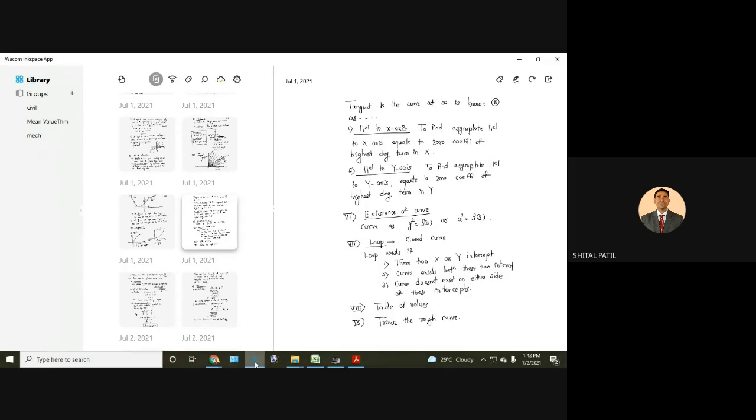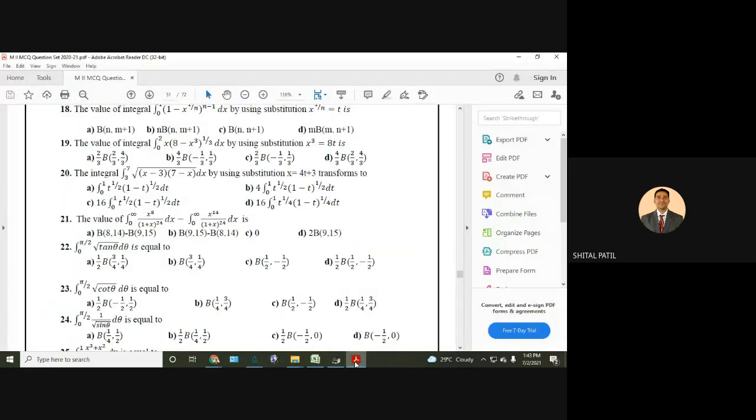So the integral will become 0 to 1. X minus 3 is 4t. 7 minus 6 is 4. What is the answer? 3/2, 3/2.